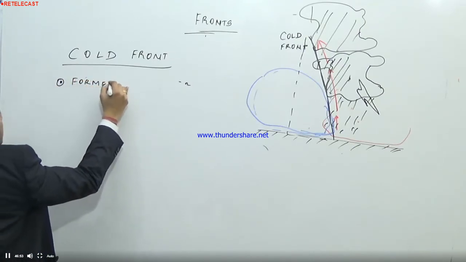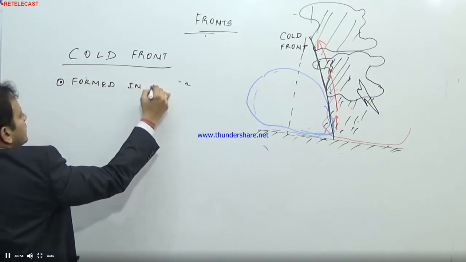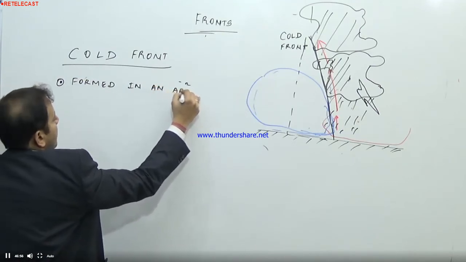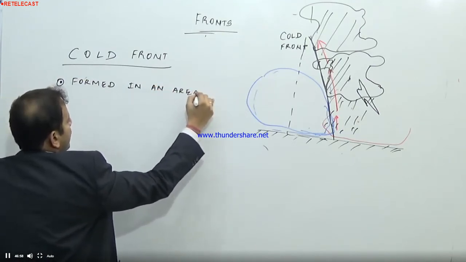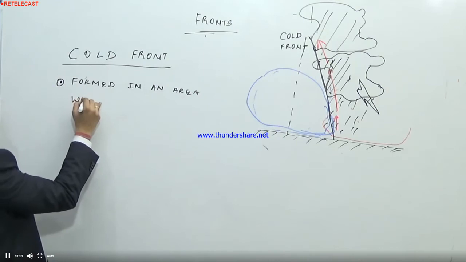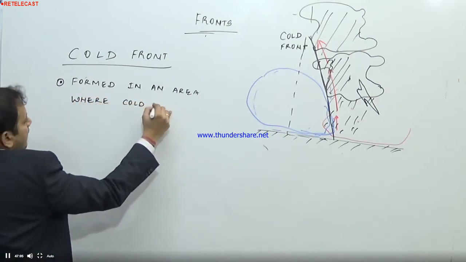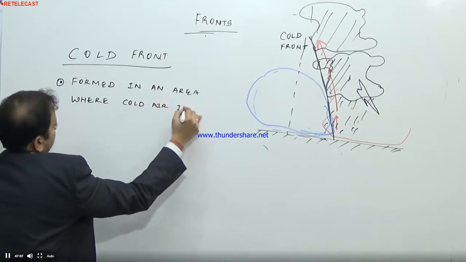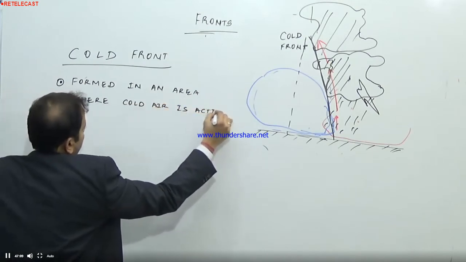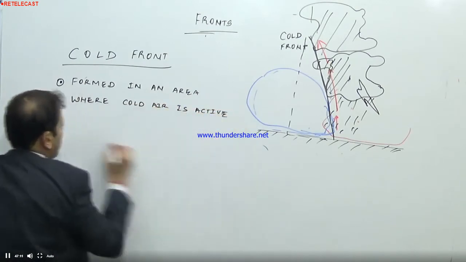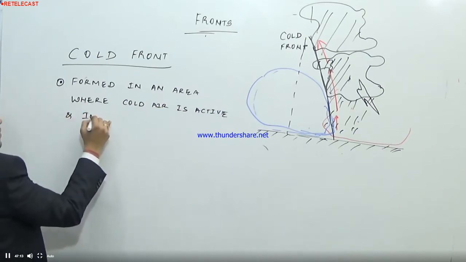So it is formed in an area where cold air is active, and invades the territory of warm air.